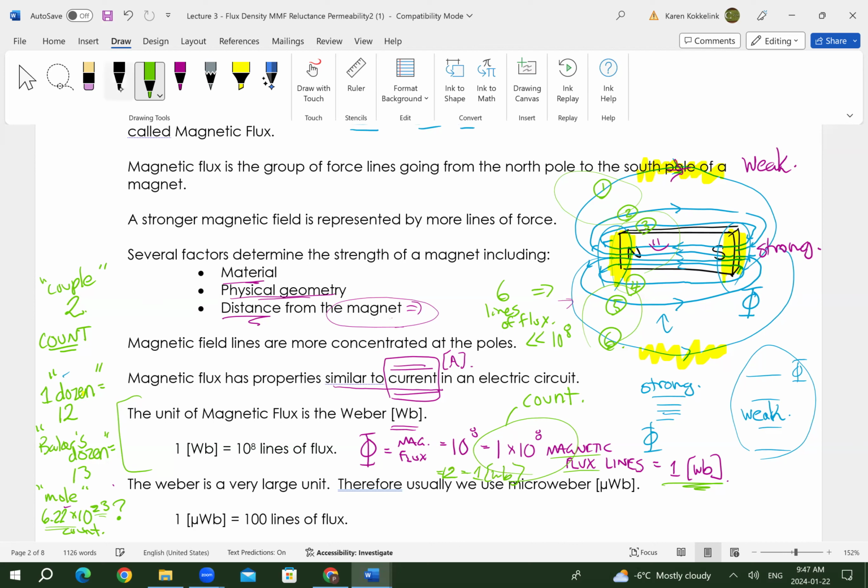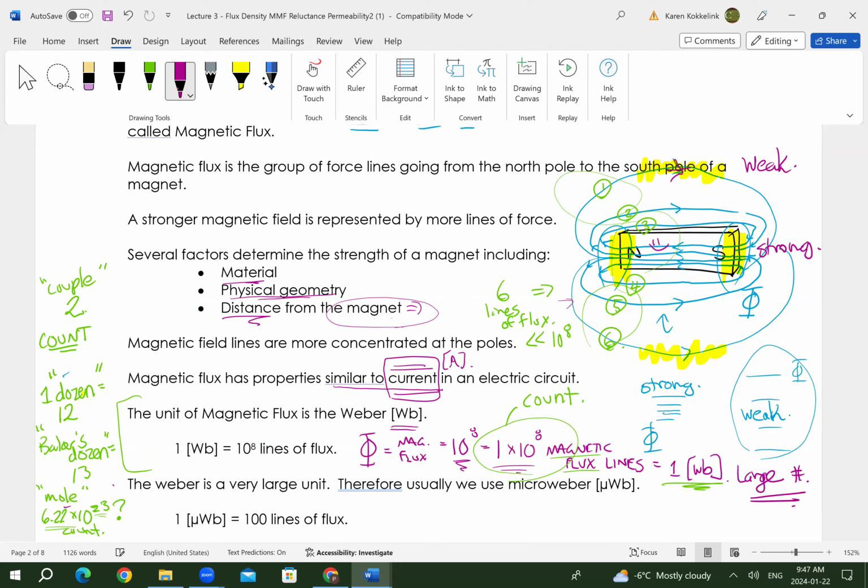It's just a count, right? But Mr. Weber did not say that. He said, I'm going to count out 1, 2, 3, 4, 5, all the way to 1 times 10 to the 8, which is a very large number.